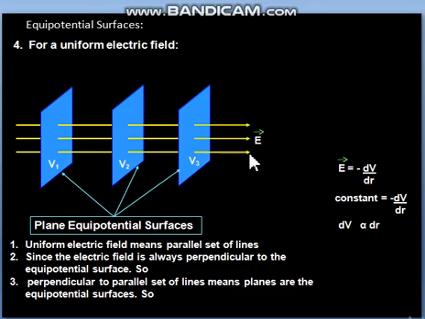Now look at the direction of the electric field. The electric field direction is towards the right, so V1 should be greater than V3, because the electric field direction is always from high voltage to low voltage. So there can be these types of questions for the EPS of a uniform electric field.